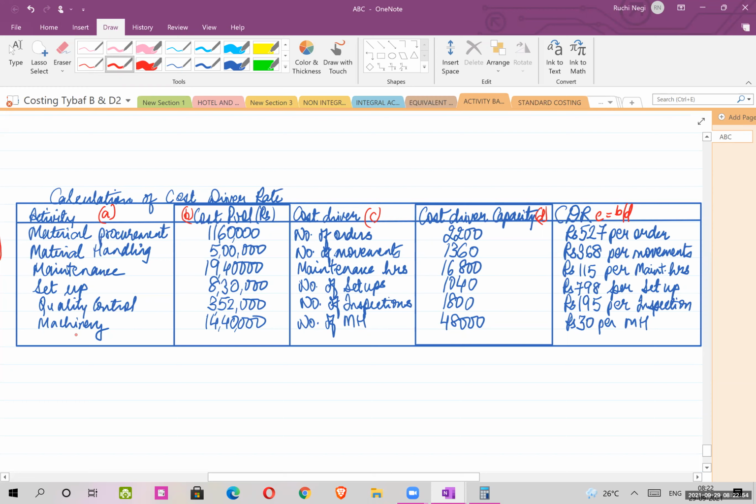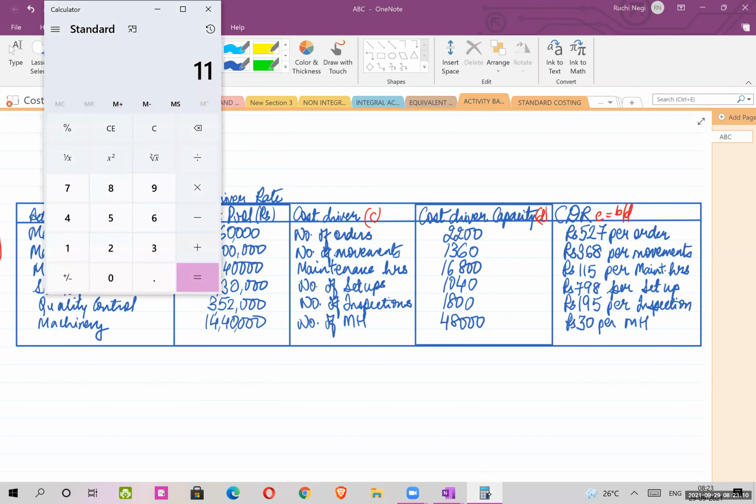So these are the cost pools given: cost drivers, cost driver capacity, and since we have been doing so many sums, you all know the formula of cost driver rate, that is cost pool divided by cost driver capacity. So 11,60,000 divided by 2,200. So 527 per order, round off कर दिया है.